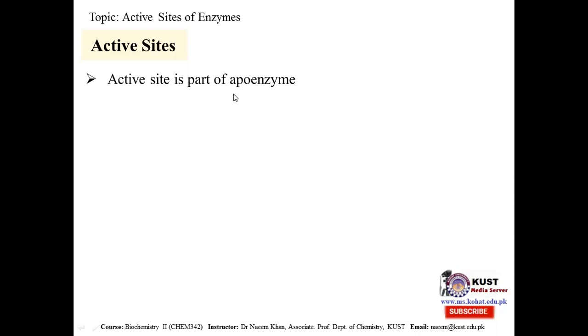We know that an enzyme is basically made up of two parts. Some enzymes are only proteins, but the majority are made up of a proteinous part and a non-proteinous part. We studied in the last lecture that the proteinous part of the enzyme is the apoenzyme.